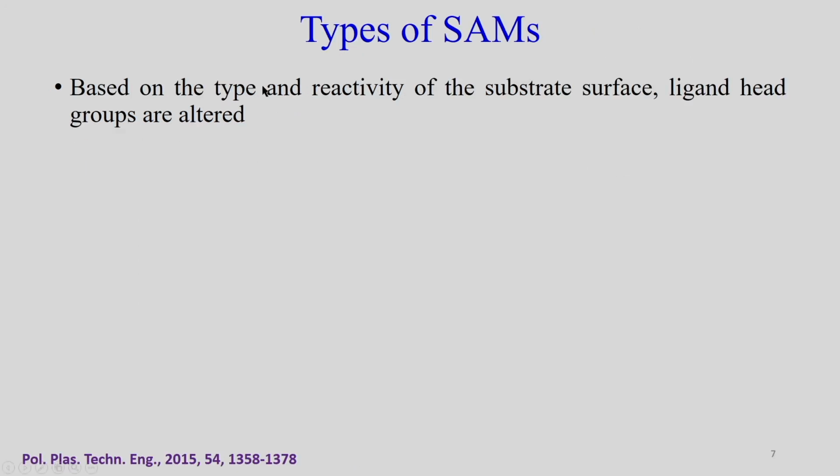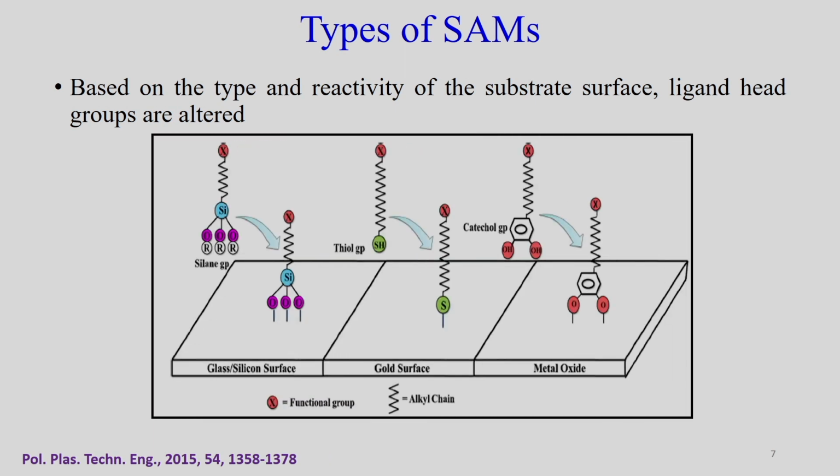So, based on the type and the reactivity of the substrate, the ligand terminal group is altered, and depending on the terminal group and the head group, if you change the terminal group, you are going to change the functionality.